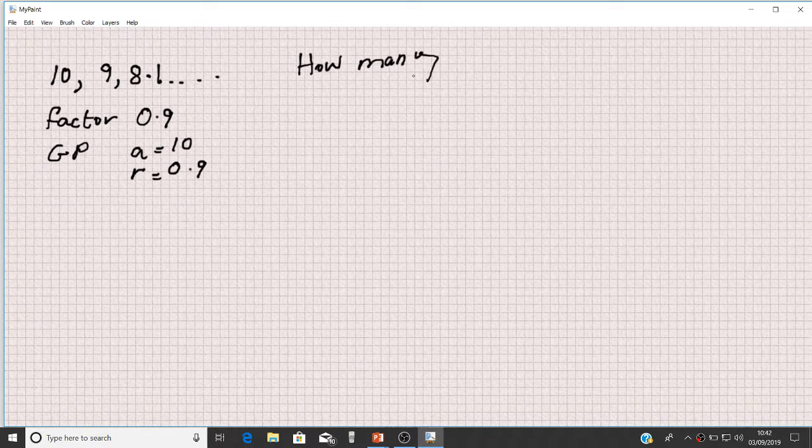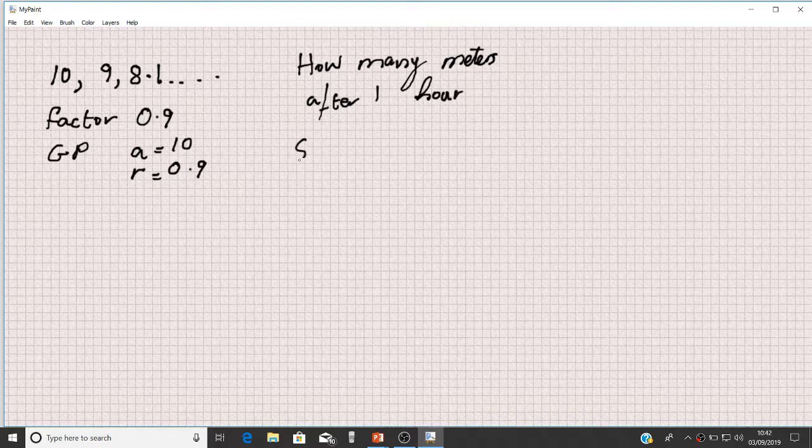So what we're asked is how many metres has he completed after 1 hour. Now we're looking at minutes, so we'll make that 60 minutes.